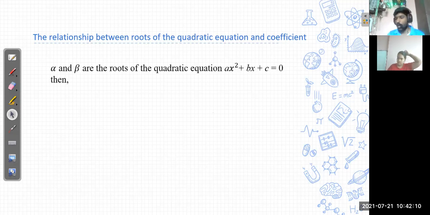Now, if alpha and beta are the two roots of the quadratic equation ax squared plus bx plus c is equal to 0. As you know, every quadratic equation will have two roots.